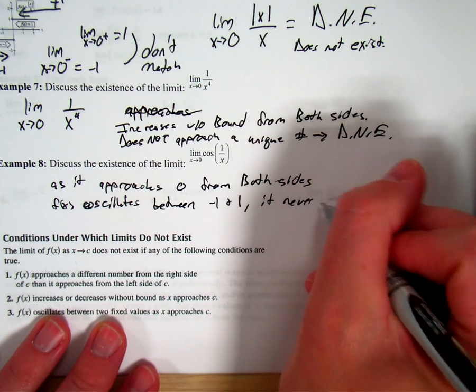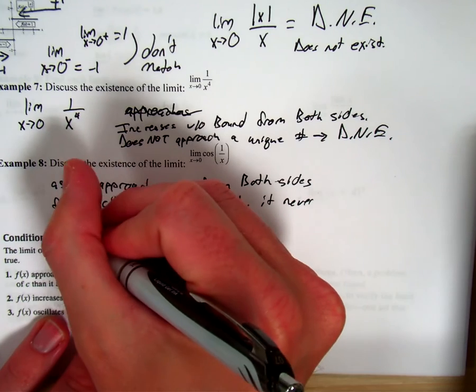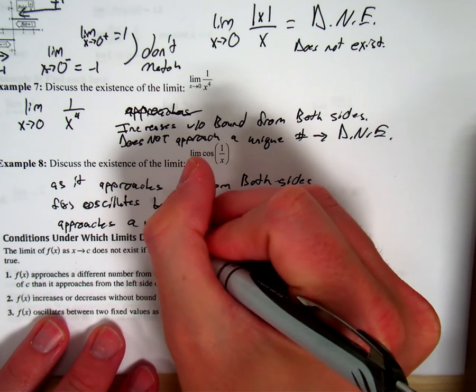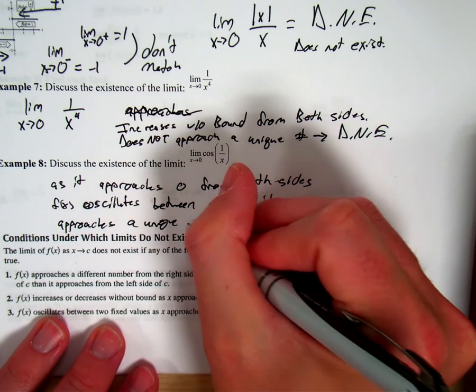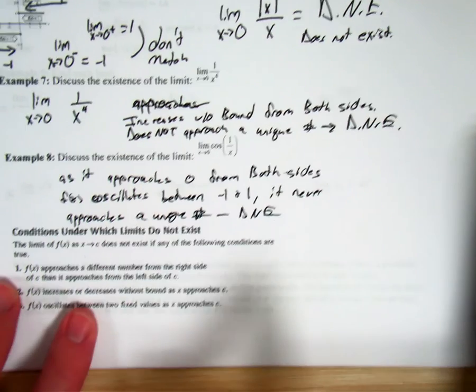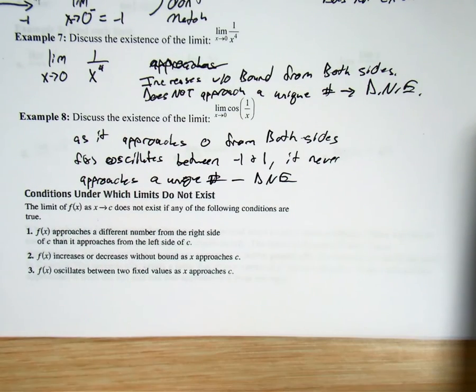It never approaches a unique number. So that's another DNE. Does not exist.